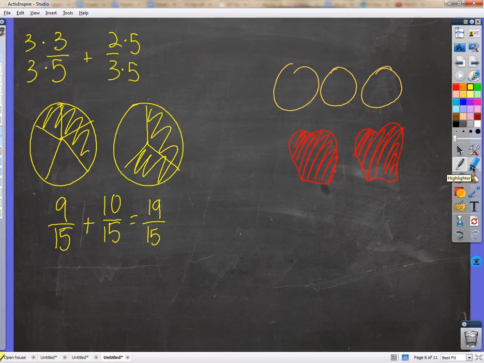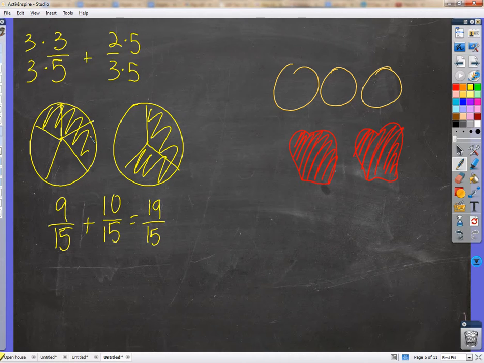Okay? So some common mistakes are adding straight across, adding and getting 5/8. We know we can't do that. We've displayed that. Also, people will go through the trouble of finding a common denominator, then they'll add 9 and 10 and 15 and 15. They still add the denominators. Why don't we add the denominators?